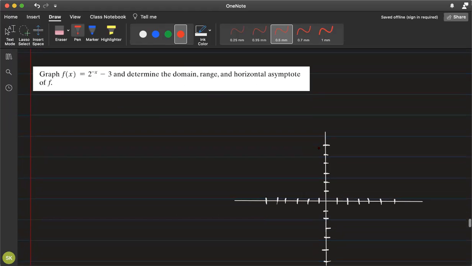So I want to do a few graphs involving transformations of functions. Here I have the function f of x is equal to 2 to the negative x minus 3. How would we graph this? Well, we start with a parent function.